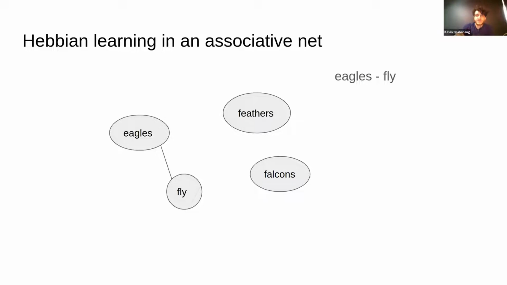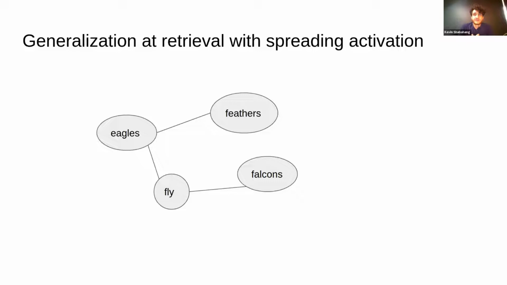You increment their associative strength. So if you see eagles and fly, the two become connected. Likewise with eagles and feathers, and falcons and fly. What's critical in the system is that we only encode the specific event-level details. We don't include any kind of generalization in the original encoding. Generalization takes place at retrieval instead.